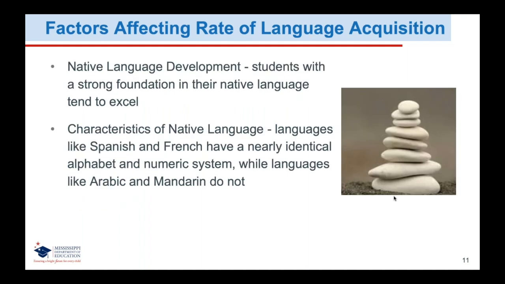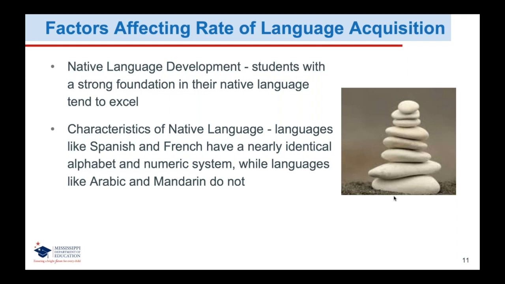Also, as we said before, the native language development. Students with that strong foundation in their native language tend to excel, and the characteristics of the native language. Languages like Spanish and French have a very nearly identical alphabet and numeric system, so that's going to be easier for the students to pick up on, while languages like Arabic and Mandarin, the writing is very different.